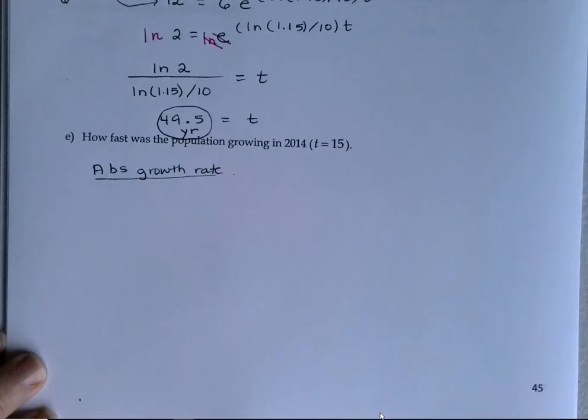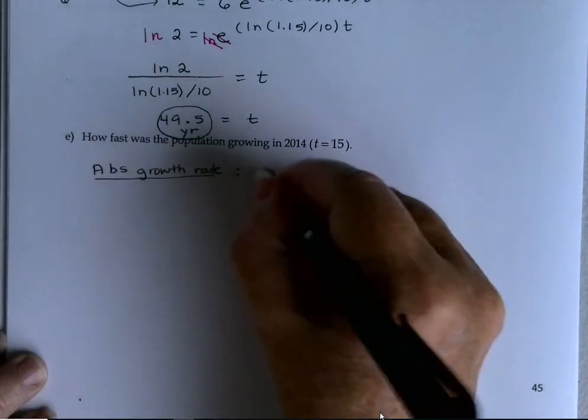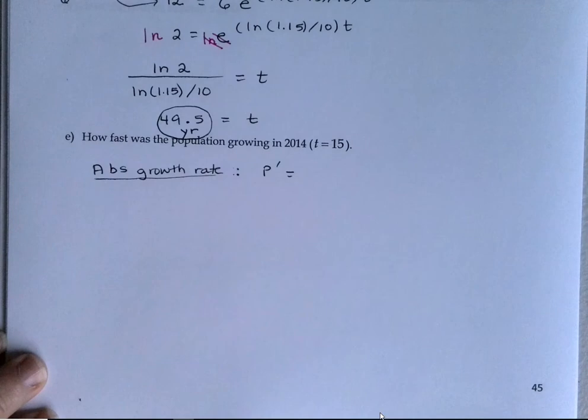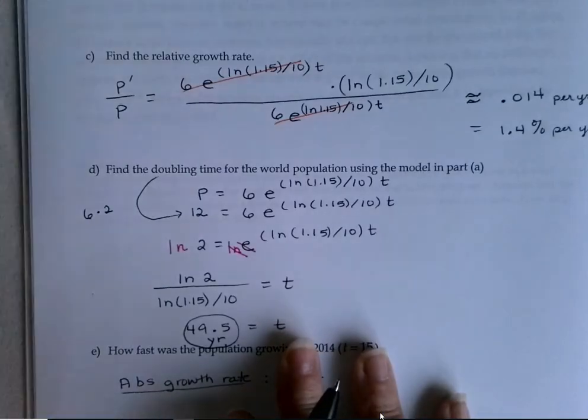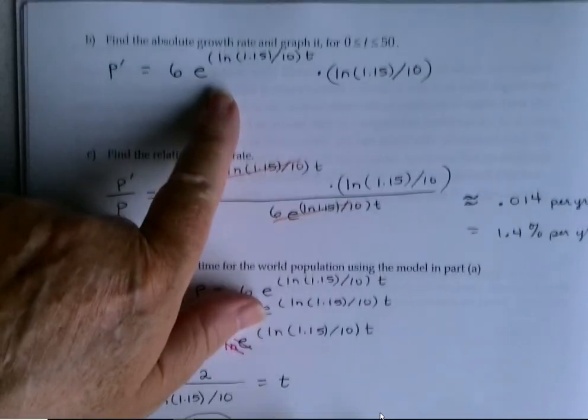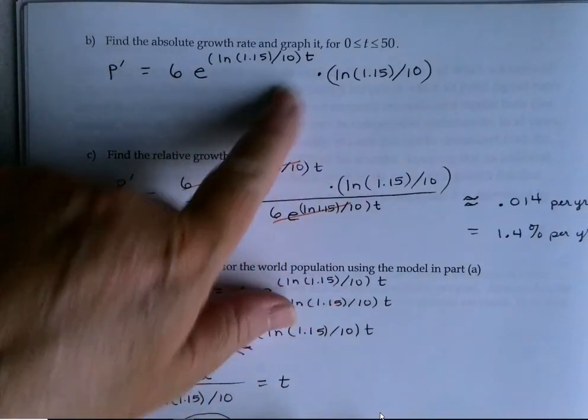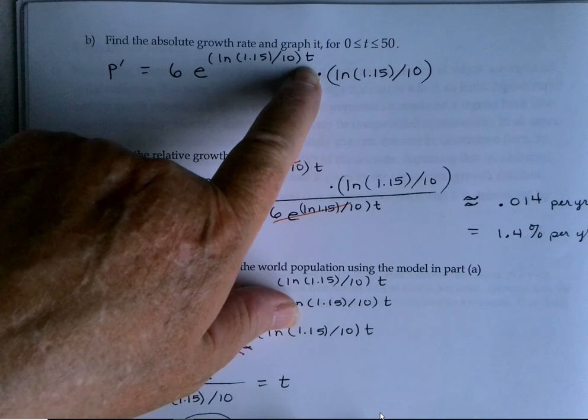The absolute growth rate is just p prime. And we had that up at the top of the page, right? We had it right up here. So I'm just going to go ahead and take this absolute growth rate right here, and I'm going to plug in my t equals 15.